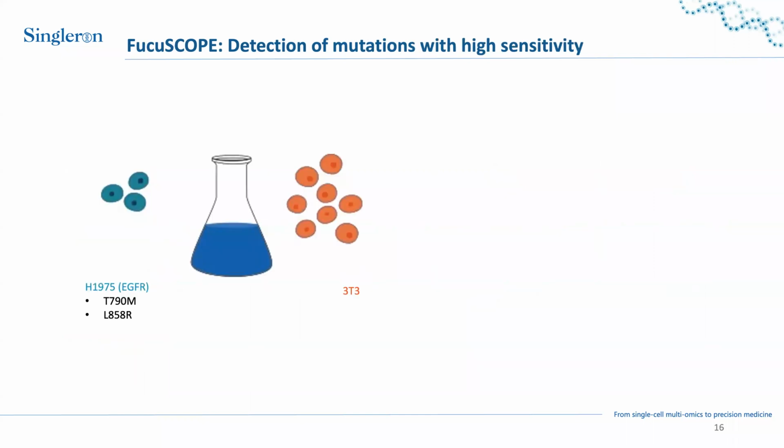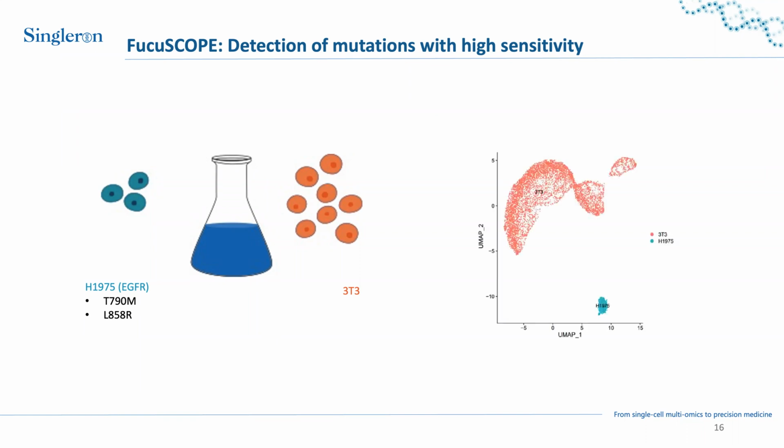And in the next experiment, we were wondering how sensitive this detection is. For this, we designed an experiment where we mixed 2 cell lines in different ratios and prepared the libraries again using FocuSCOPE. Here again, you can see an example of a UMAP.